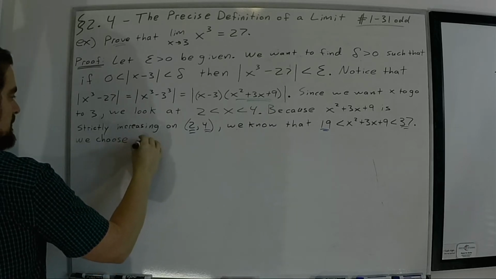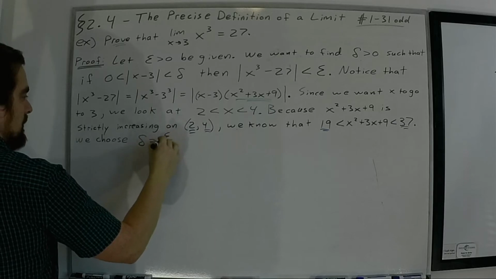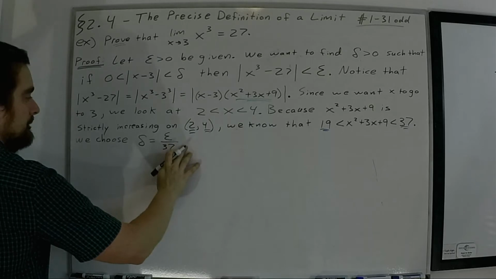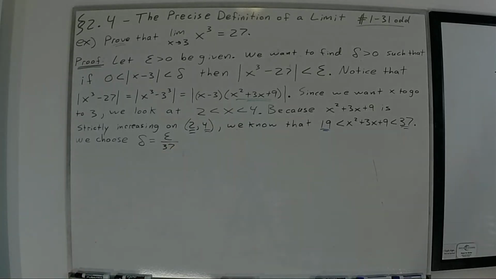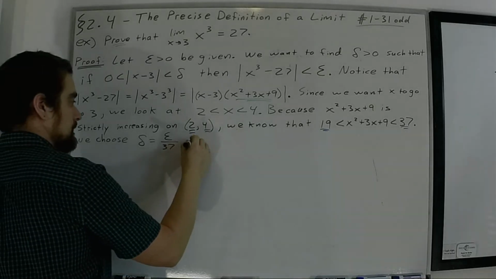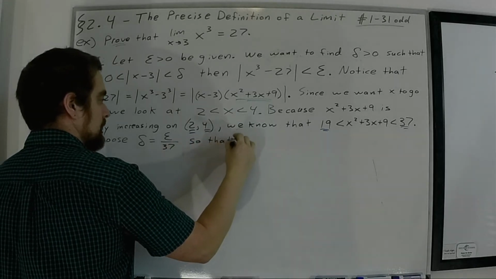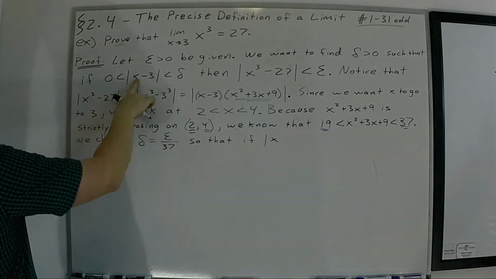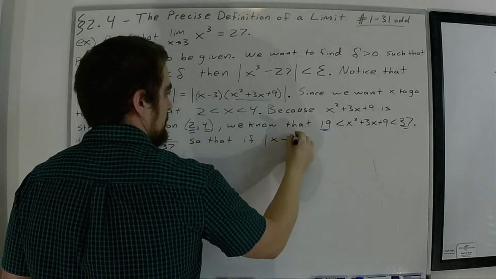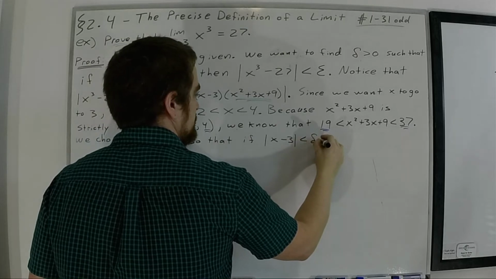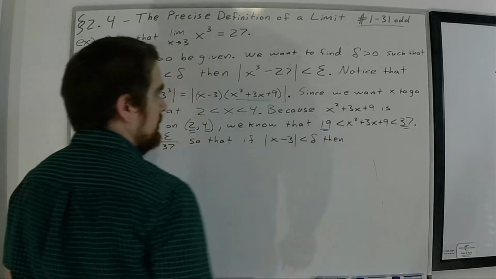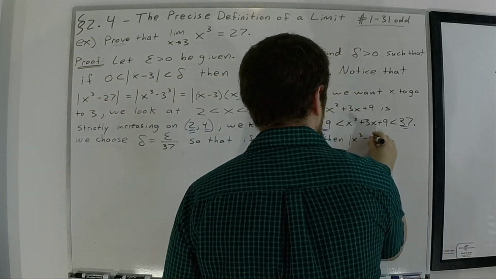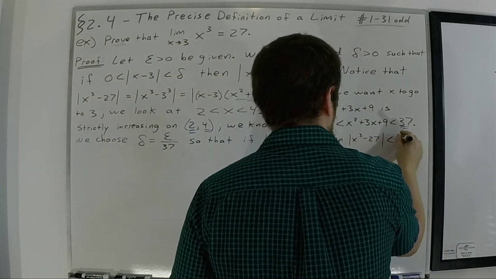So we choose delta equal to epsilon over 37, so that if the absolute value of x minus 3 is less than delta, then the absolute value of x cubed minus 27 is less than epsilon.